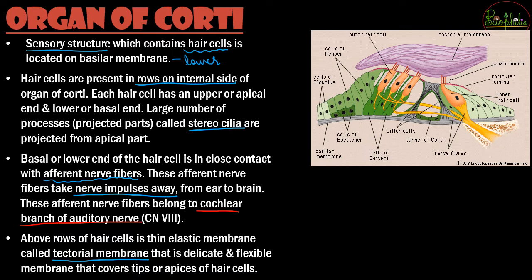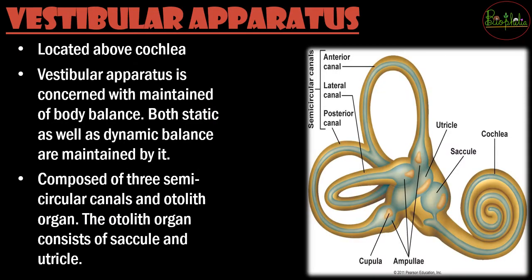So here in the diagram you can very well see the outer hair cells, the tectorial membrane, and also the basilar membrane. So these are the nerve fibers as well, which are going to be the part of the cochlear branch of cranial nerve 8.